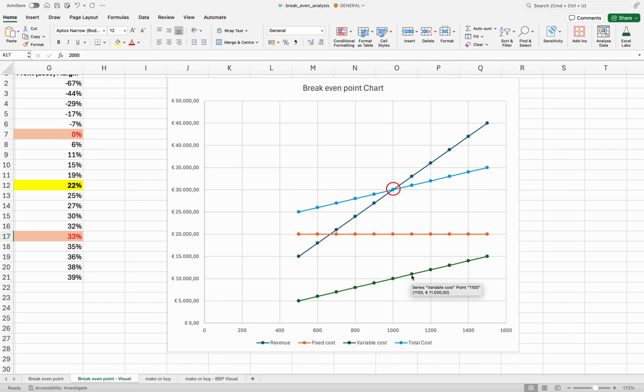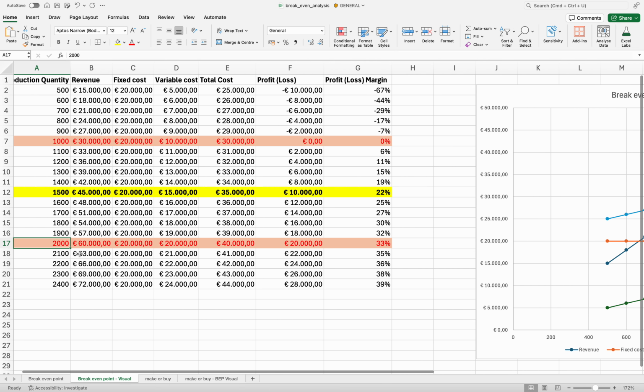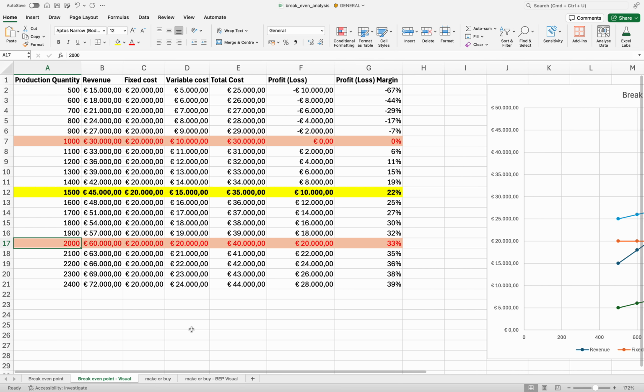Your total variable cost and the total cost move in parallel, which indicates for the equation of total cost, total variable cost is the only moving part. As we increase the quantity of production, the gap between the total cost and the total revenue keeps on increasing, which indicates higher profit as we build more and more pieces.